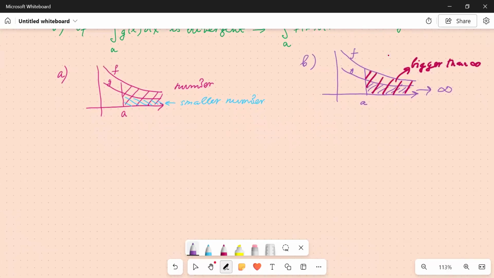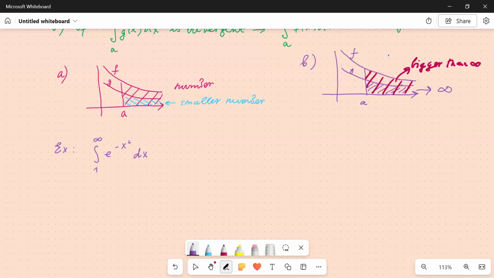Okay, let's consider an example. I'm going to consider maybe only 2 examples. Let's do an example: the integral from 1 to infinity of e to the power of negative x squared dx. You guys know that this integral, unfortunately, does not have an antiderivative which we can express as an elementary function.